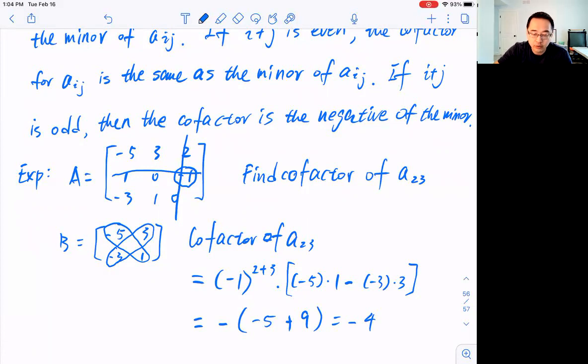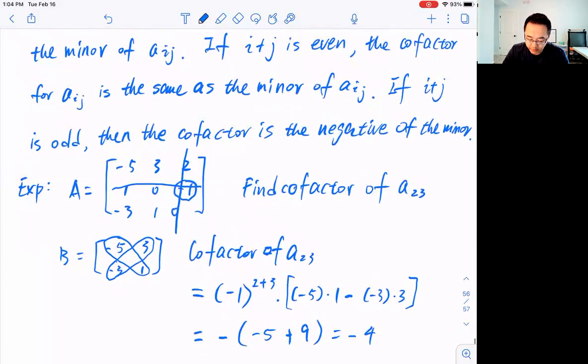Again, we'll talk about how to use determinants, minors, and cofactors in just a few minutes. But now I want you to understand how to calculate them, not necessarily what they are yet, but how to calculate them.